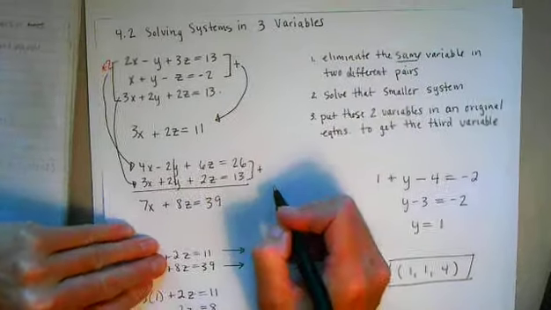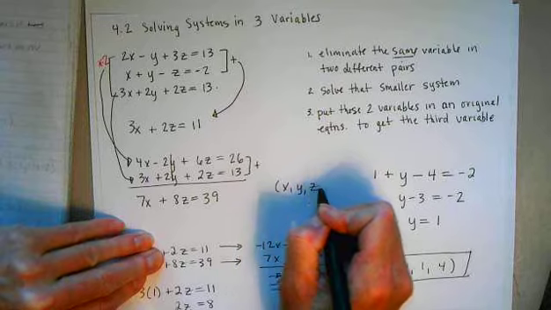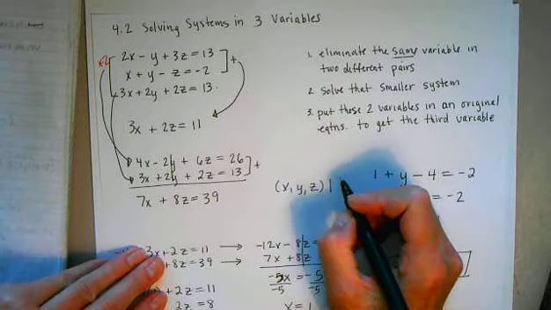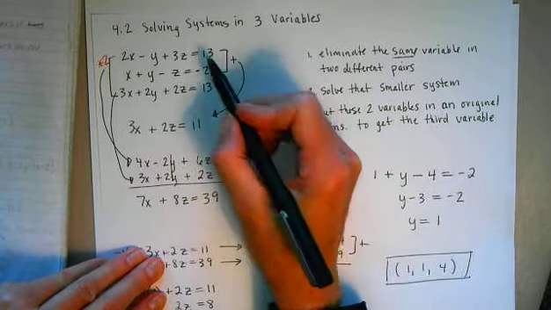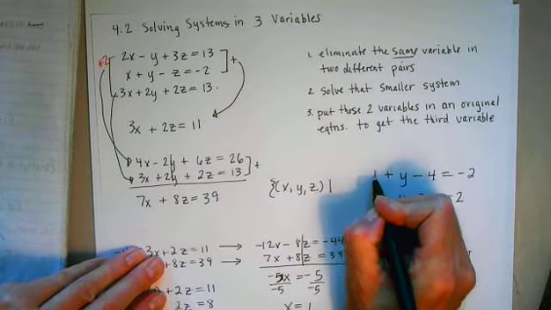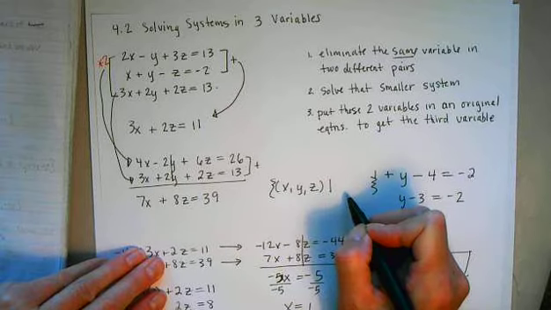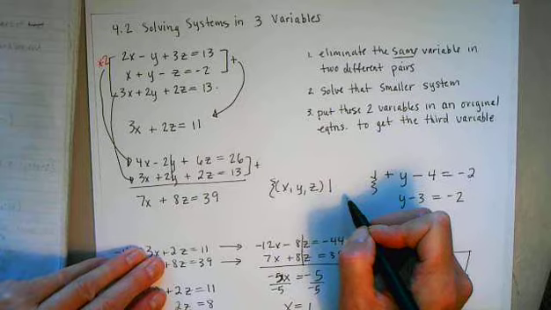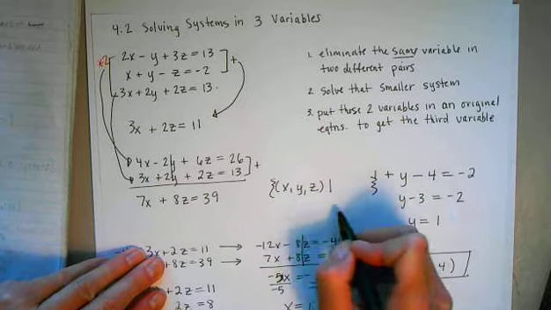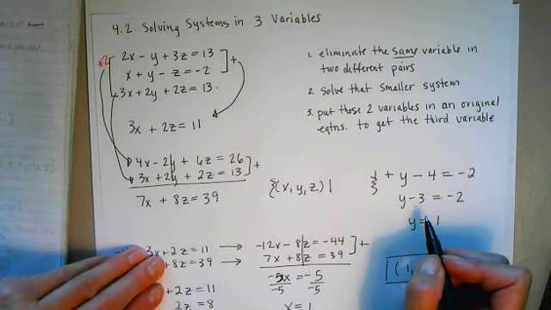It would look like this: x, y, and z are such that, and then just write one of your equations. So if it were this one, I would write any of those three equations. And all of that would be in squiggly brackets. And that's what you do if your variable cancels and it's a true statement, because that tells you that at least two of them intersect in a line, and so that means there would be infinite solutions.